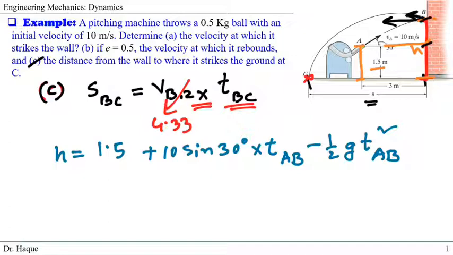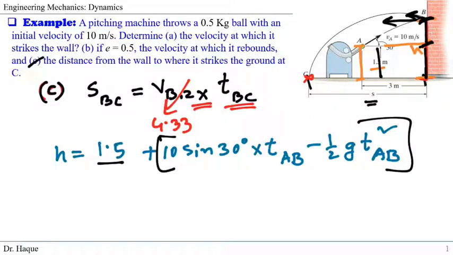So we can say it is the summation of 1.5 plus something that we don't know, and that was the travel between point A and B. So maybe we have to use the concept that we used in part A of this problem, and maybe we can get the total height. So I'll write 1.5 plus this term, which would be the height from B to this part, because we know this is 1.5. So 1.5 plus this part.